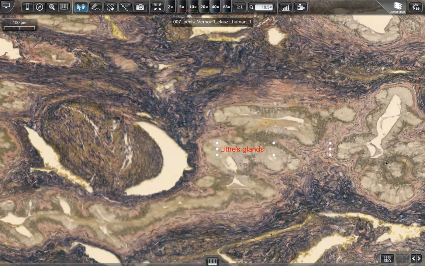So these glands here, Littre's glands, also called paraurethral glands, eventually lubricate the spongy part.